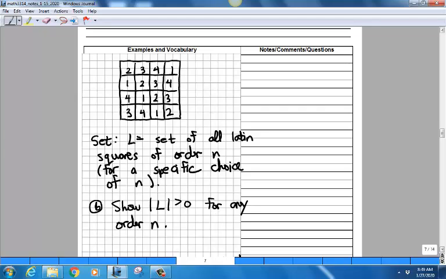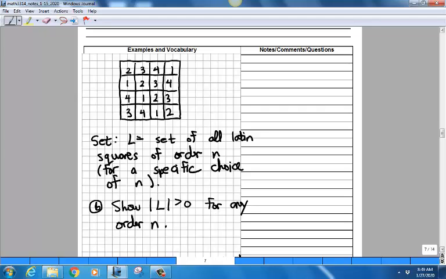Our first very basic question that we might ask about Latin squares is, if you're given a particular order, and this is combinatorics, so it's supposed to be combinatorial type problems, in this case 4, we want to show that you can always produce a Latin square of that order. So in a sense, Latin squares are kind of easy to create.